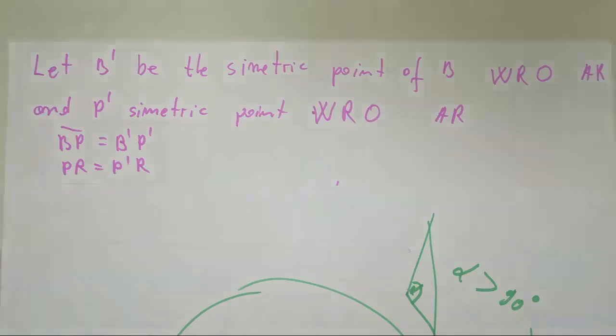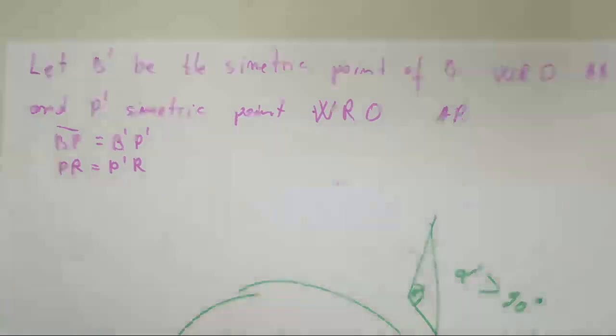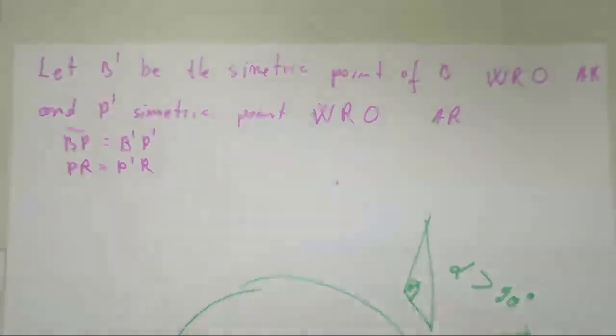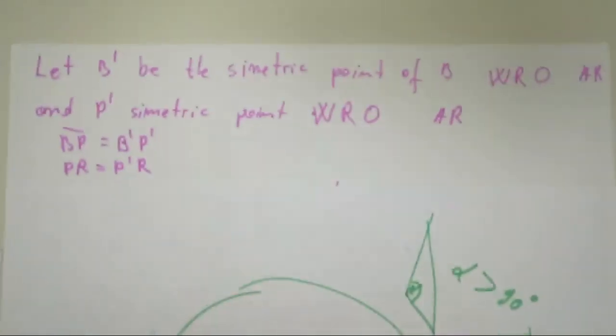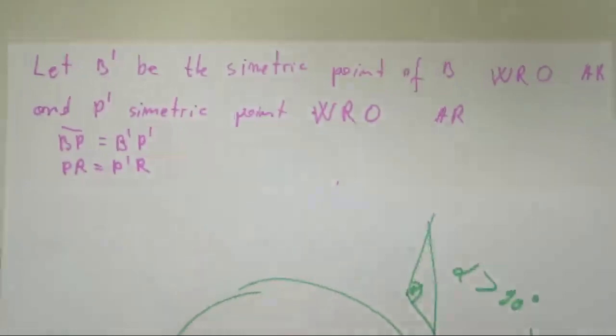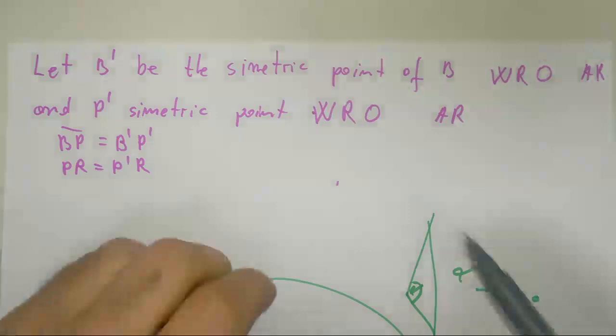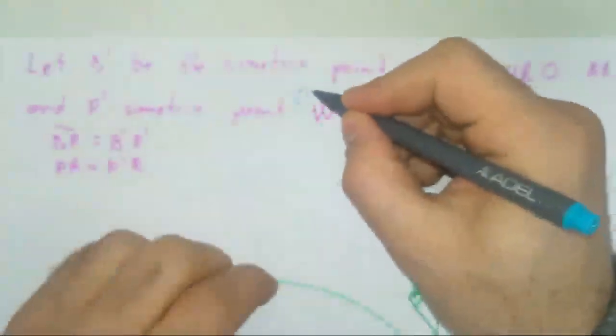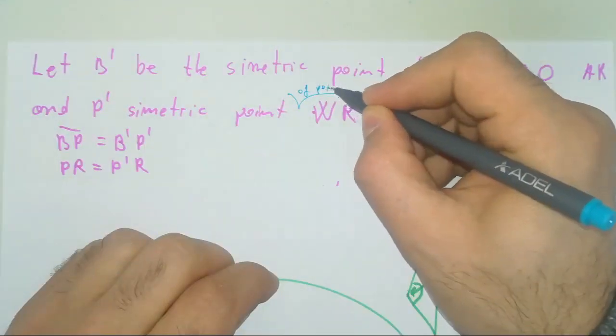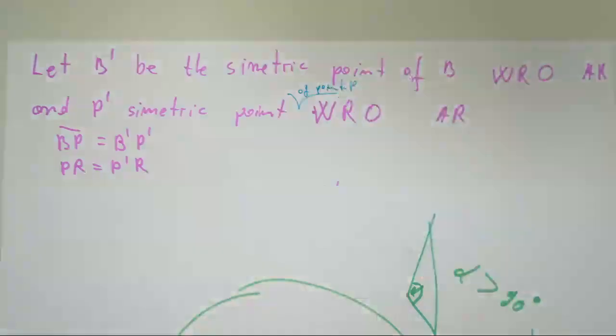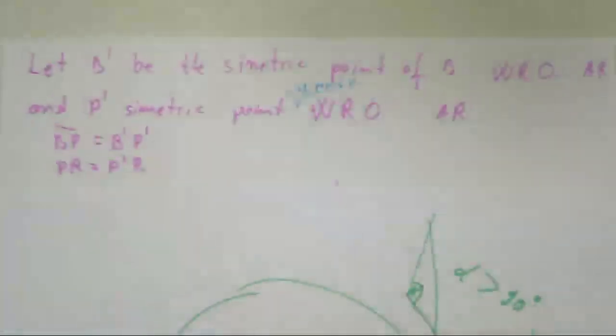Let B prime be the symmetric point of B with respect to AR, and AR was the angle bisector. And the other point, P prime, will be the symmetric point of point P with respect to AR.